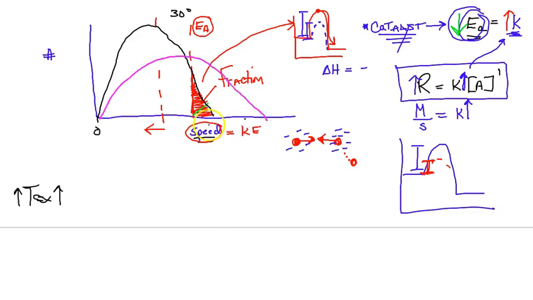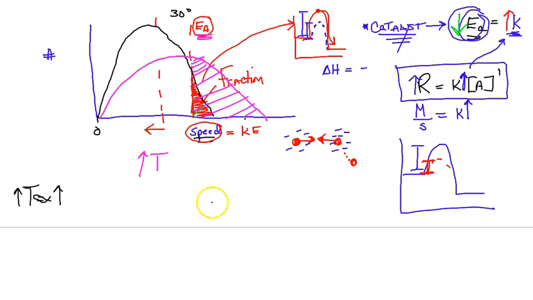Now you notice by increasing the temperature, what did I just do? The EA, or the activation energy, stayed constant, but now I have a greater fraction of molecules that can overcome that activation energy. So by increasing the temperature, I'm giving a large number of molecules the energy to overcome the activation energy.